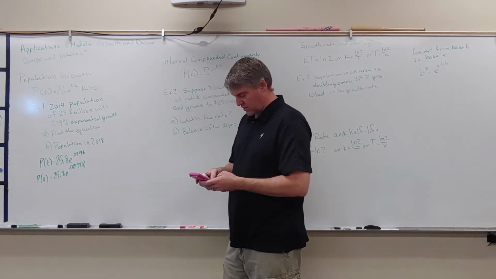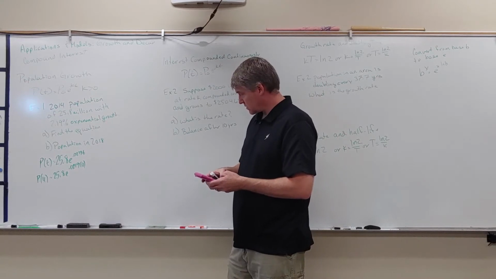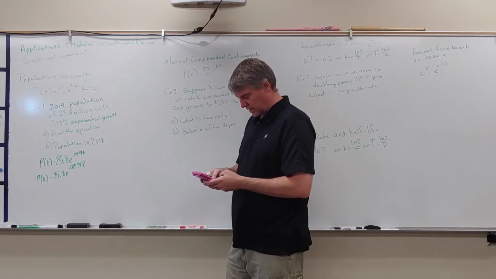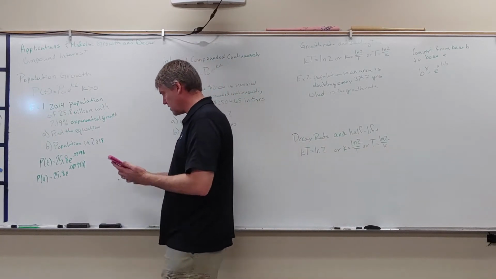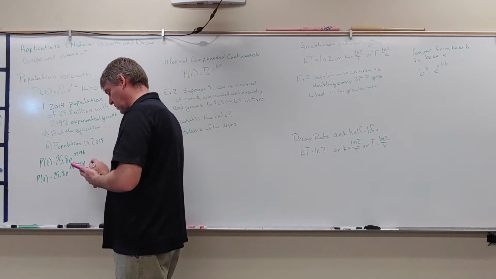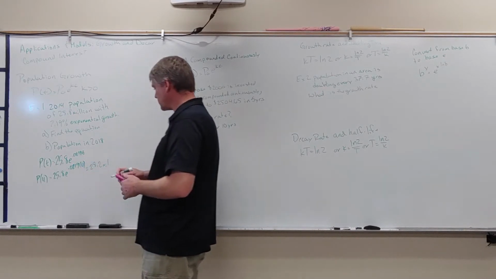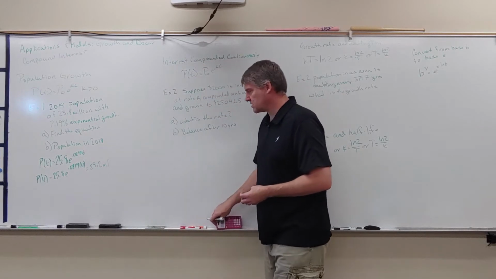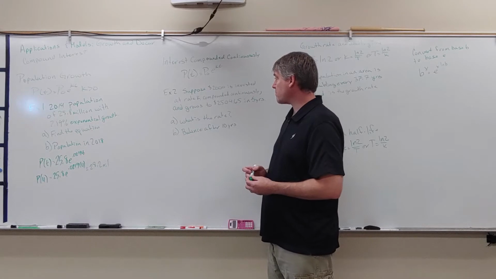So I have 25.8 times e to the 0.0219 times 4. And that's going to give me a new population of 28.2 million people, okay? So in 4 years, they're going to have increased almost 3 million people, about 2.5 million.